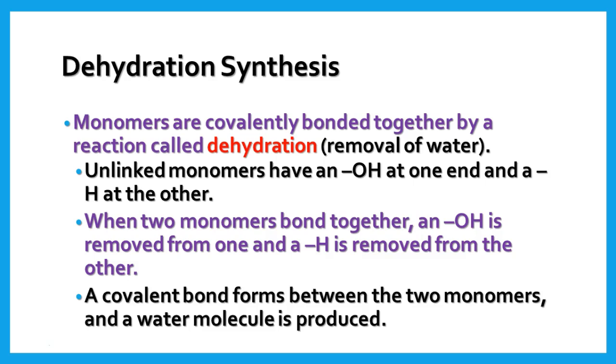When you bind 2 of them together, one of them loses a hydroxyl group, the other one loses a hydrogen group. Hydrogen and hydroxide together make water, and then that causes an open place there where the 2 smaller molecules can join together, and that forms a covalent bond, and it produces water. So you're removing water to synthesize or to make something.